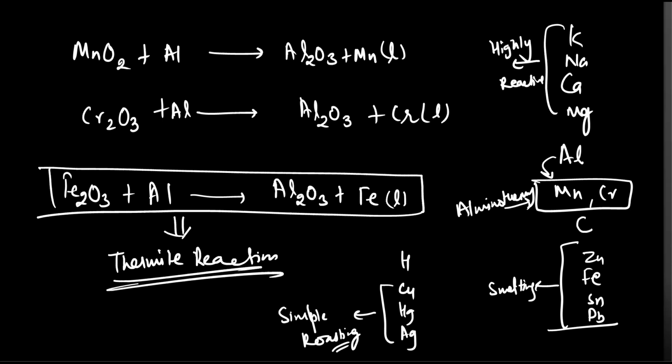So let me show you how this reaction is exothermic and how it is used for joining railway tracks, because we can reduce Fe2O3 with the help of carbon also. But when we are reducing with carbon, the metal is not obtained in the liquid state, and that reaction was not so spontaneous, not so fast.